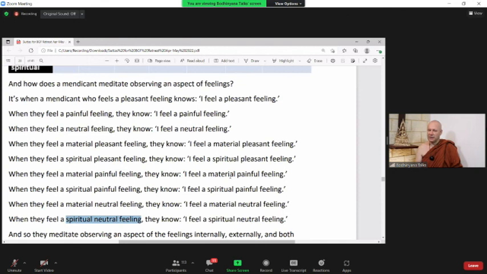Isn't that wonderful? When I do this kind of analysis, and try to understand the suttas correctly, when I compare them, and I see that this is the logical conclusion of comparing Satipatthana with Anapanasati, I feel it's such a wonderful thing. Because it directs your mind in the right direction.